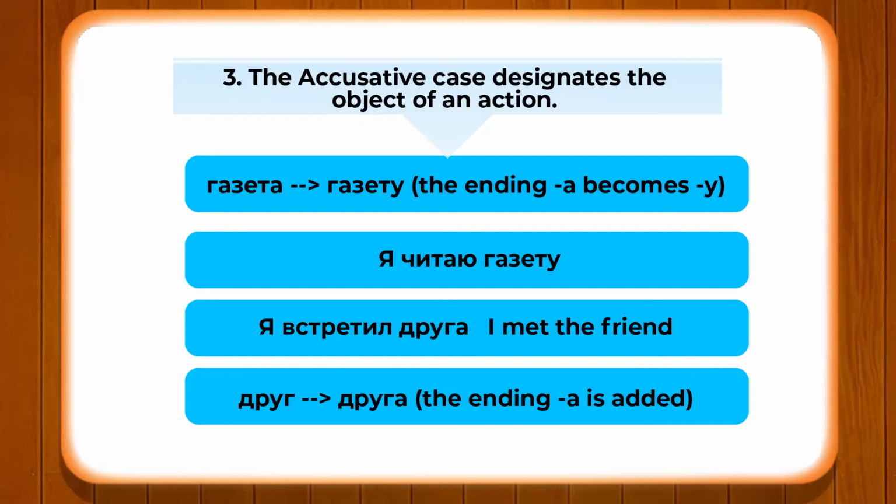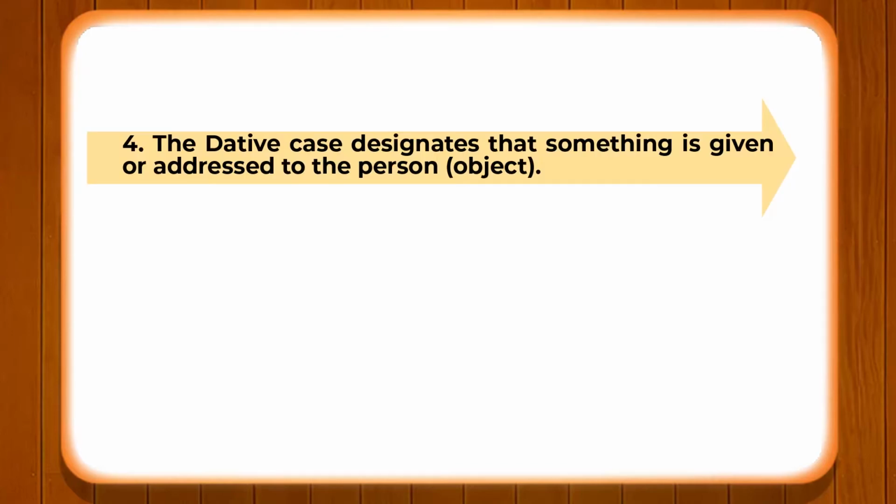Okay. So now we will go ahead and pay attention to the fourth one, the fourth case is dative case or дательный падеж. What do we do in this case? In this case, it helps us designate something which is given or addressed to. So like if I am writing a letter, I am writing a letter to whom? So when we have these kind of questions, кому, then we use dative case.